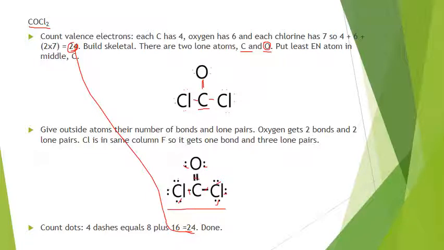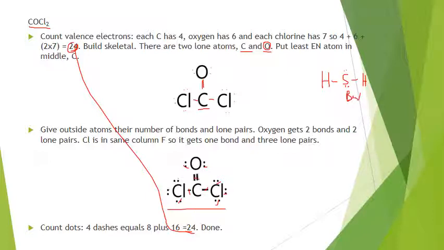Okay, the shape of this one. For the previous one, I forgot to talk about this. Let's just talk about its shape and polarity. In the previous example, this is bent. The center atom has 2 bonds, 2 lone pairs, so this is bent.